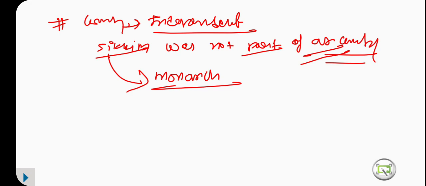So here we understood that when our country became independent, Sikkim was not part of India, but later it was admitted into our country. In simple words, we can say that Sikkim became part of our country, or Sikkim joined our country. So let us understand the history of Sikkim.